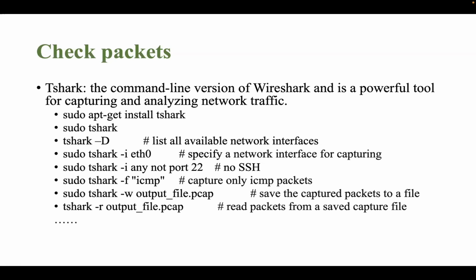It will bother you when analyzing the packets. And if you want to filter out the ICMP packets, use -f. The last two commands will write the packets you captured into a file and read that file. Let me show some examples.